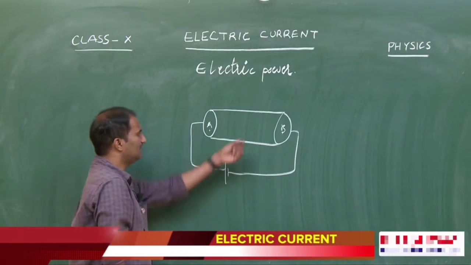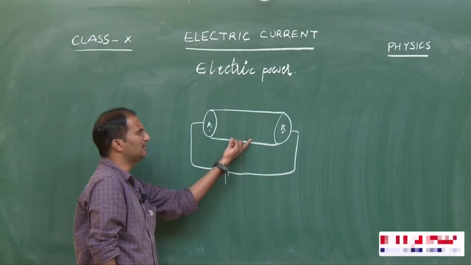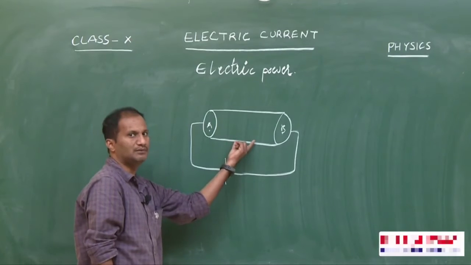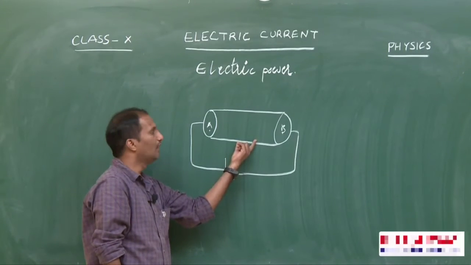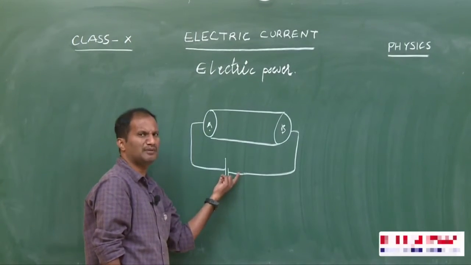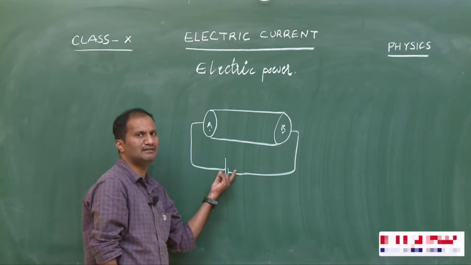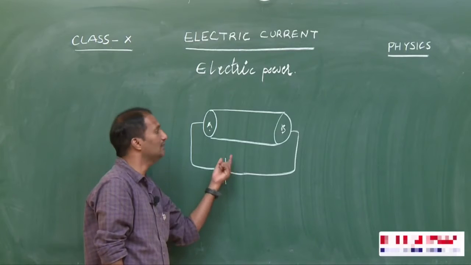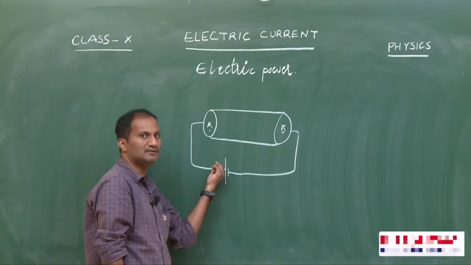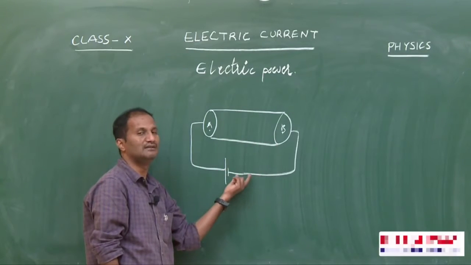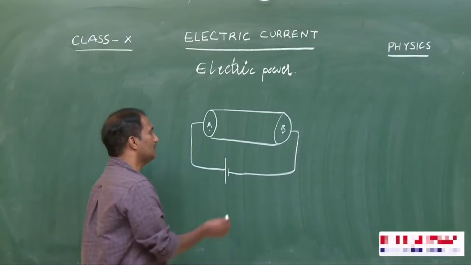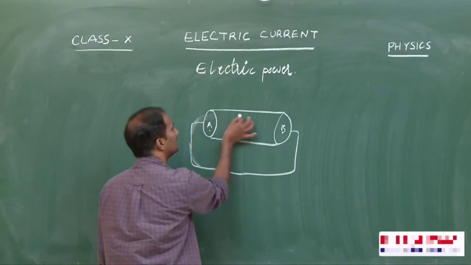As we connect this copper wire to the two terminals of the battery, there is automatically a development of a uniform electric field, instantaneously, from the positive terminal to the negative terminal.